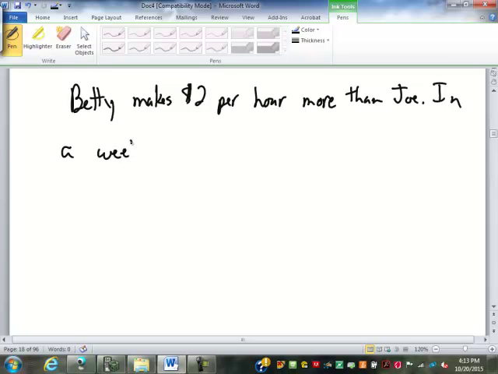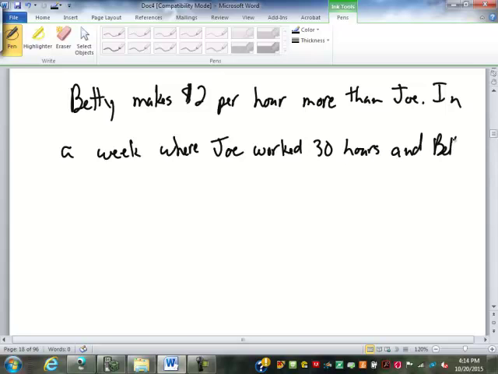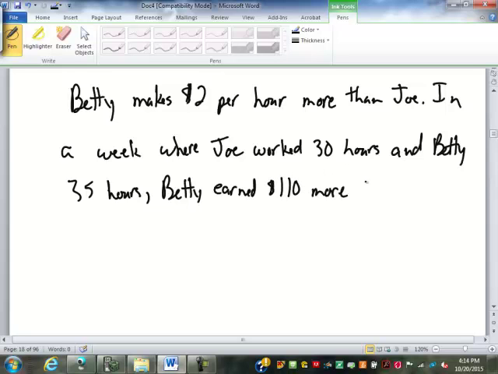In a week where Joe worked 30 hours and Betty 35 hours, Betty earned, we're talking gross pay, so no taxes or anything taken out, $110 more than Joe. Find each hourly wage.